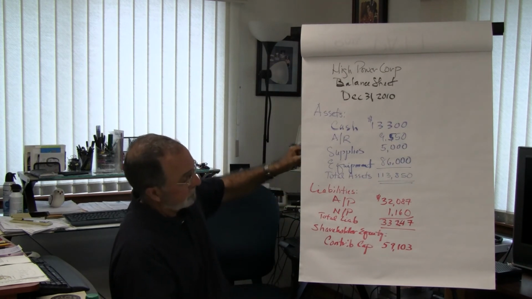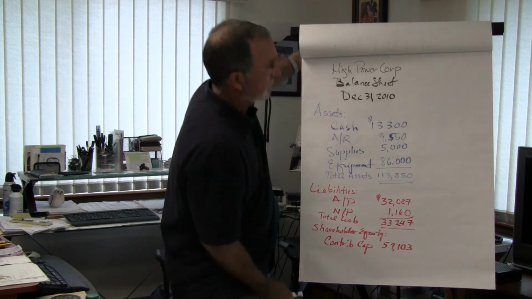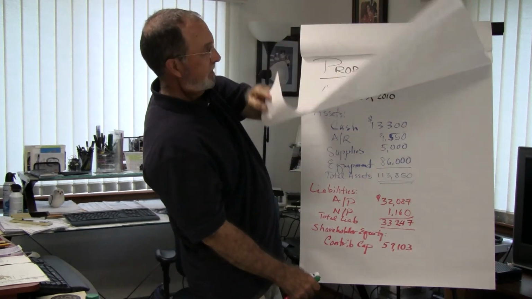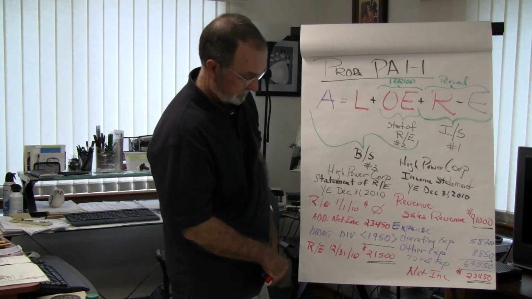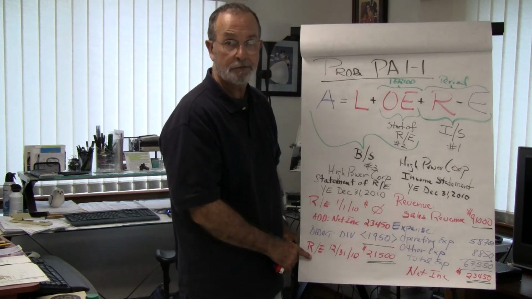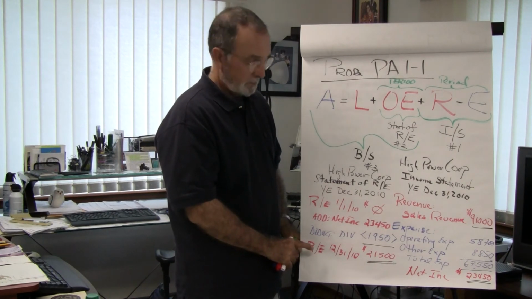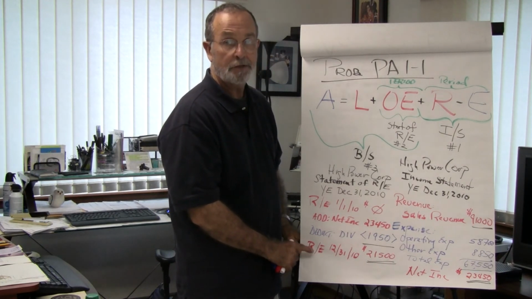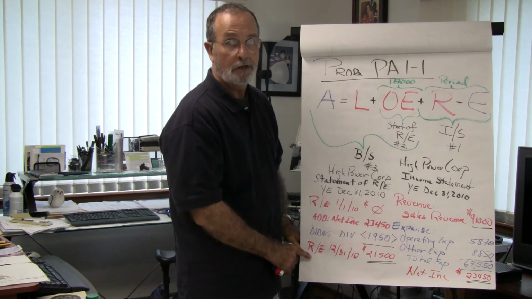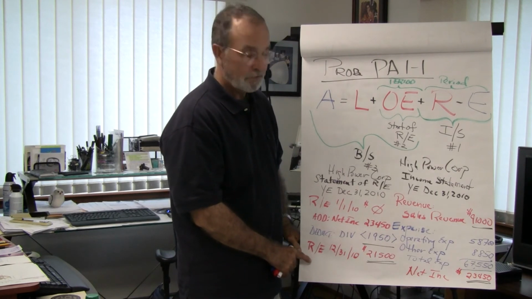And our other shareholder equity amount is our retained earnings total. And our retained earnings total is the balance at the end of the year as reflected on our statement of retained earnings.